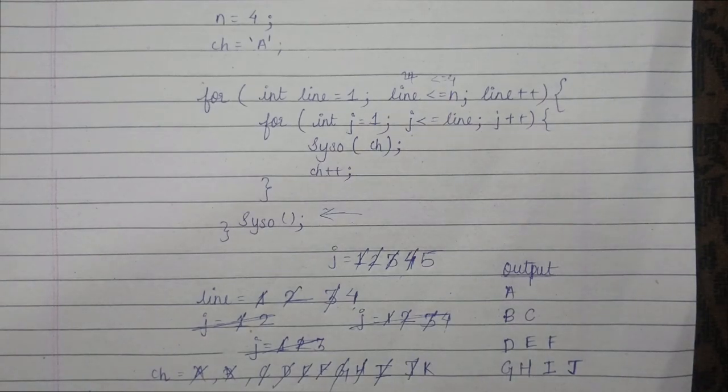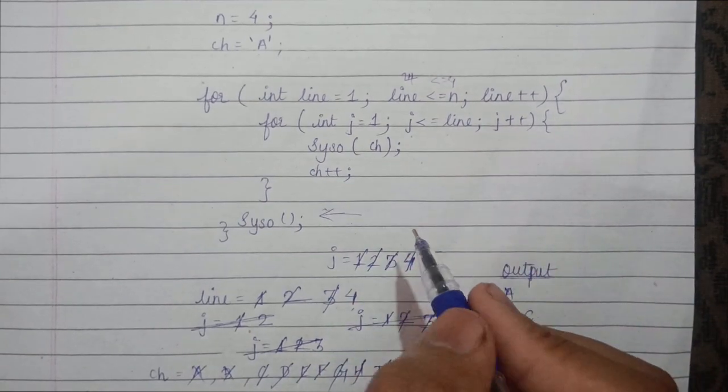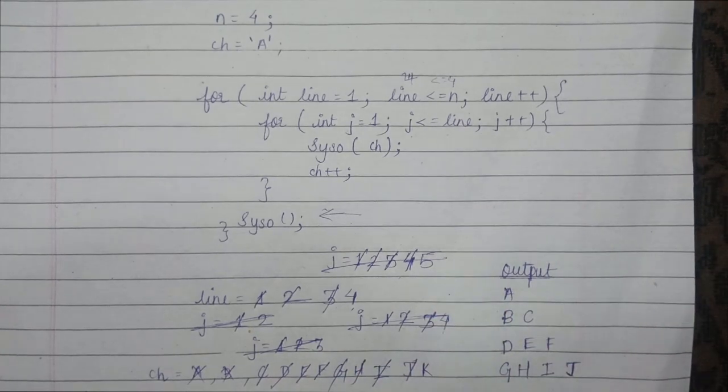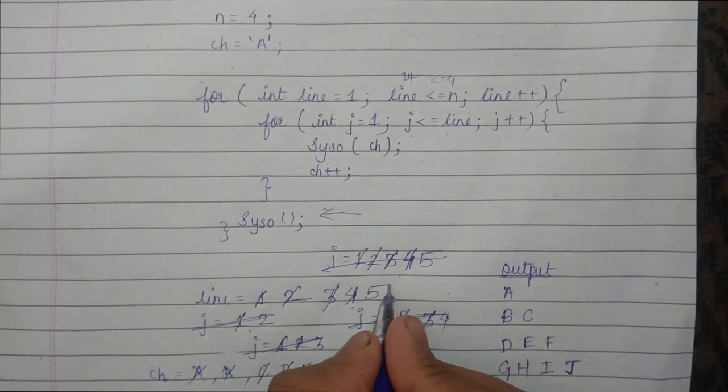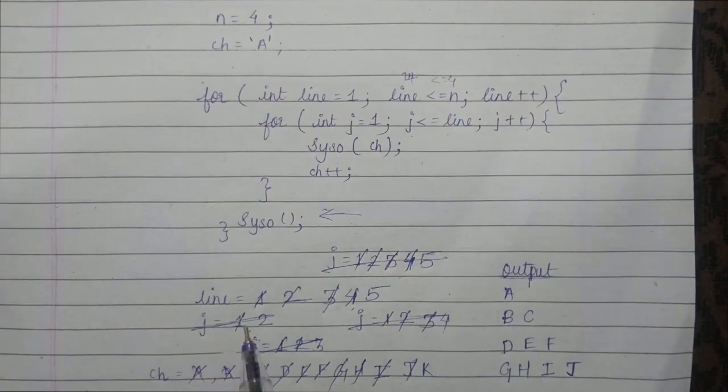Now it will check: is 5 less than or equal to 4? The condition will be false. The inner loop gets terminated. Now the outer loop will be updated. The outer loop's value has become 5 here. Now it will check the condition: is 5 less than or equal to 4? The condition will be false. The outer loop also gets terminated here.